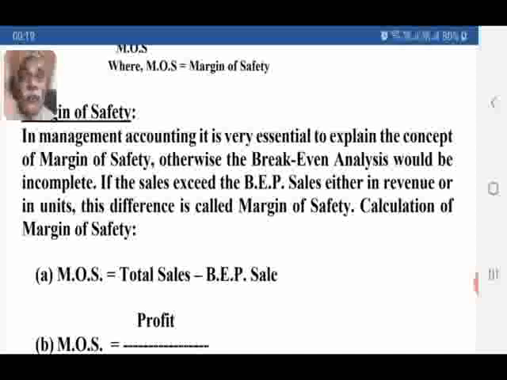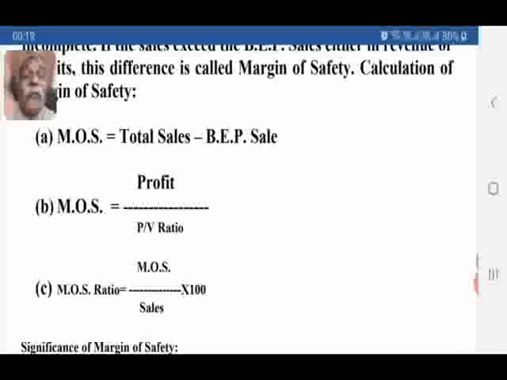I already told you margin of safety is equal to total sale minus BEP sales, or margin of safety is equal to profit divided by PV ratio, or margin of safety ratio is equal to margin of safety divided by sales multiplied by 100.